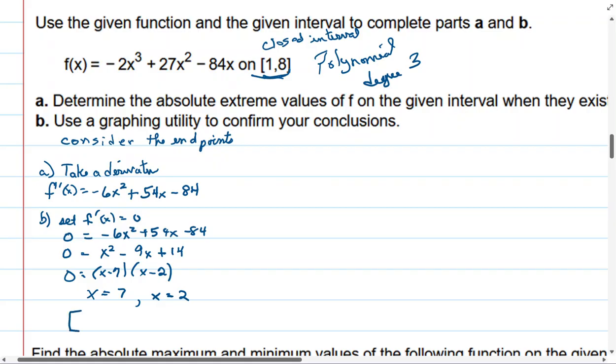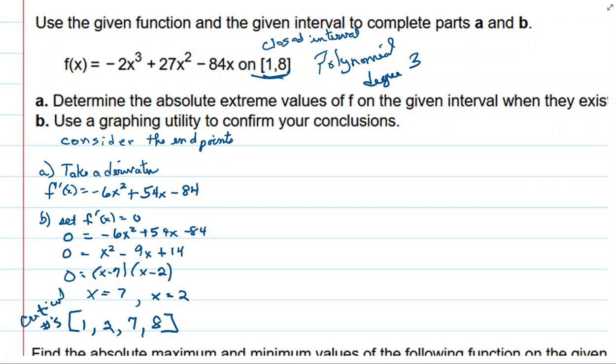So my critical numbers are 1, 2, 7, and 8. Is that clear? Those are my critical numbers. Okay, now I'm going to use my calculator because I will mess up on this math. Okay, is everybody good?